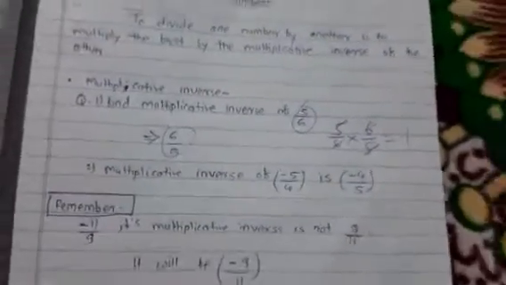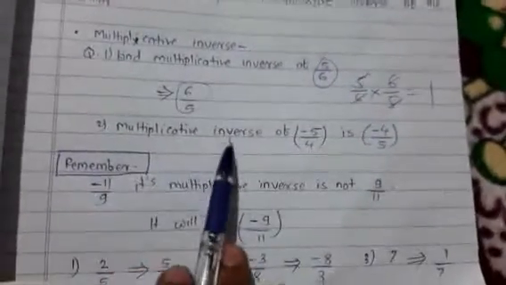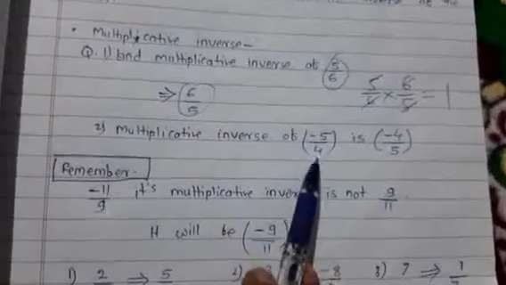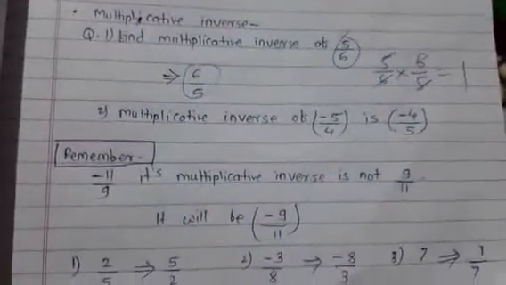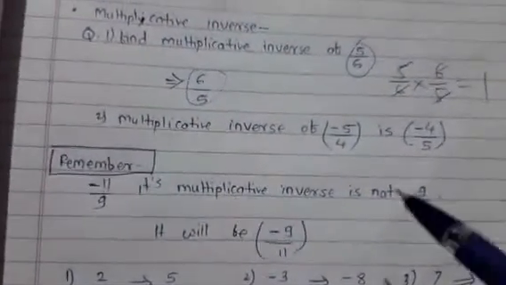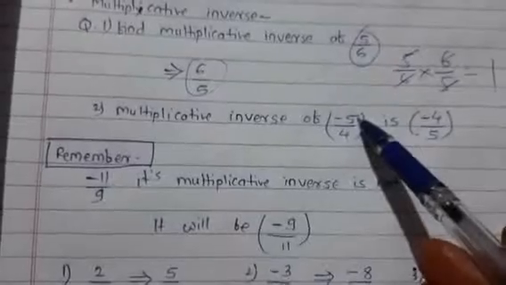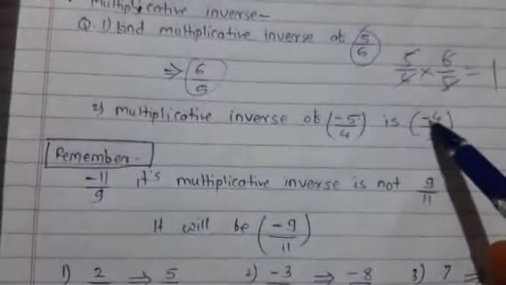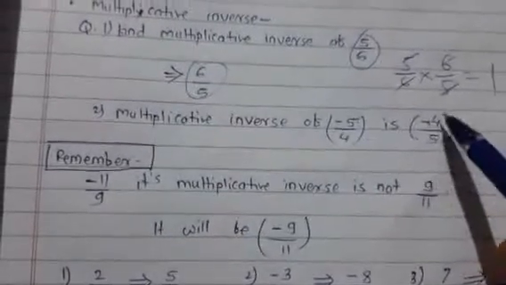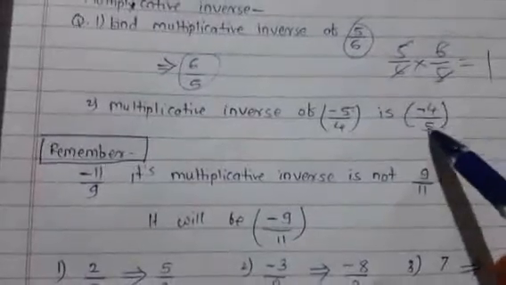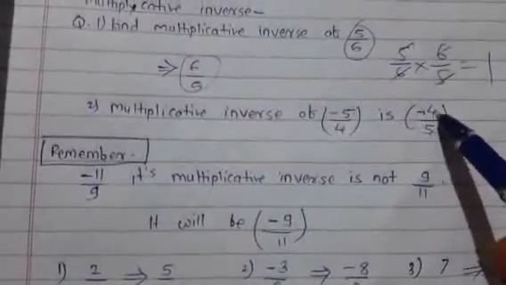See the second example, multiplicative inverse of minus 5 divided by 4. Here the minus sign is in the numerator, so we have to keep it in the numerator only. So it will be minus 4 divided by 5.